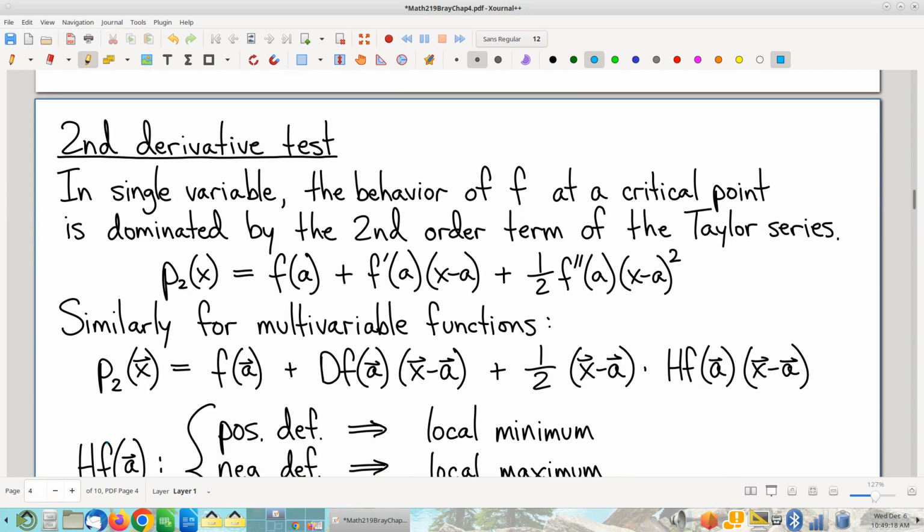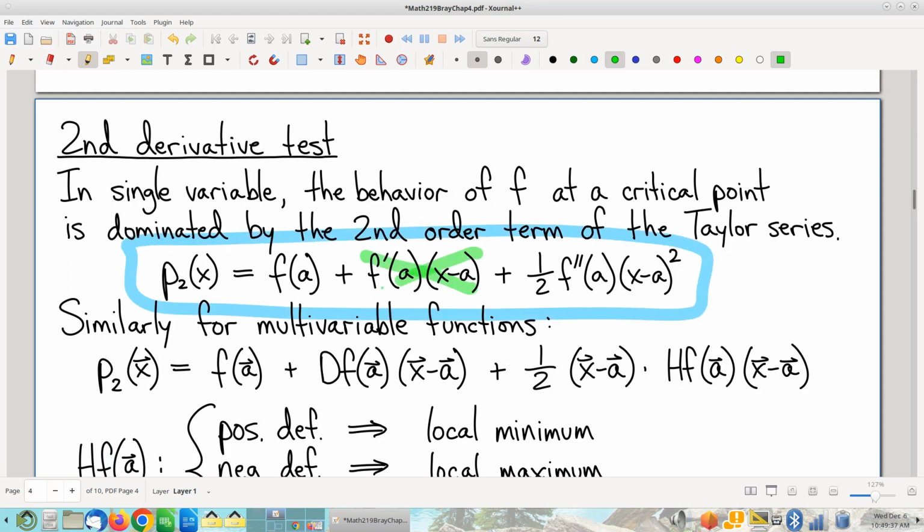Okay, second derivative test. It's actually, again, not that different from the single variable case, but it is a little different. So this one you do have to remember a new rule. In the single variable case, if you're looking at a point where the derivative is 0, that makes this term go away.